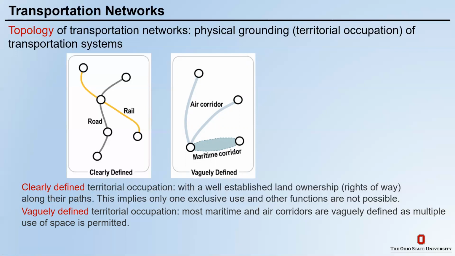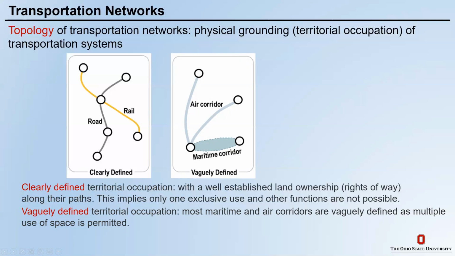The corridor is not right there compared to highways. When we are thinking about highways, there are road shoulders, there are bridges, right? These bridges, road shoulders, road boundaries strictly define the space occupied by highways. But are there walls or shoulders or any physical boundaries for a maritime corridor? No.